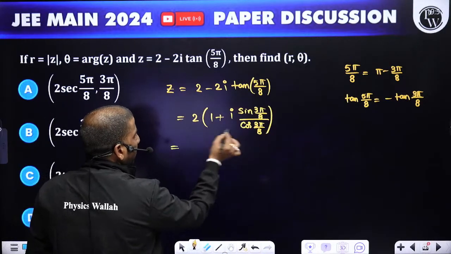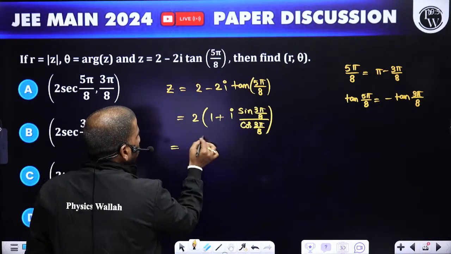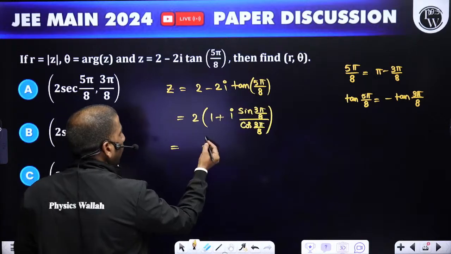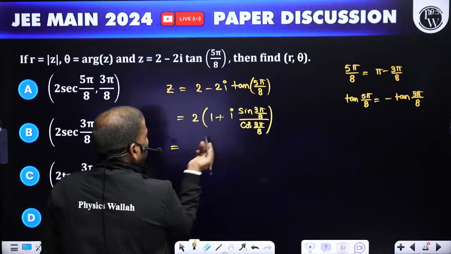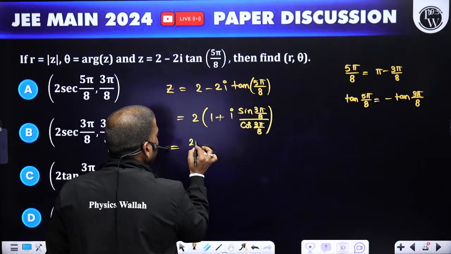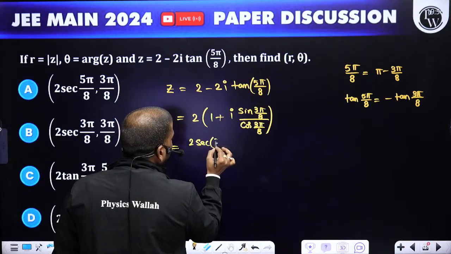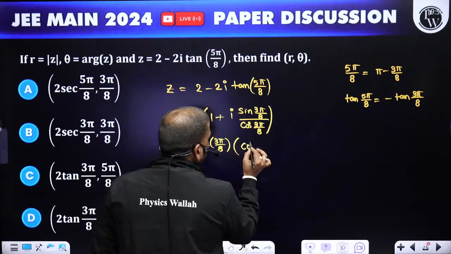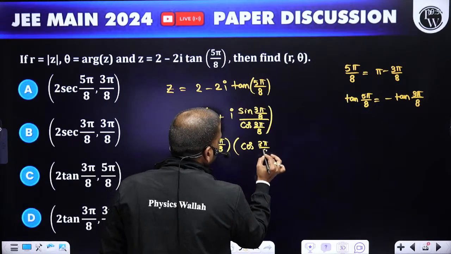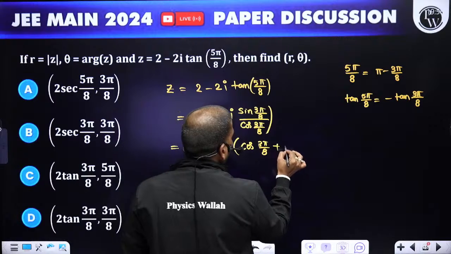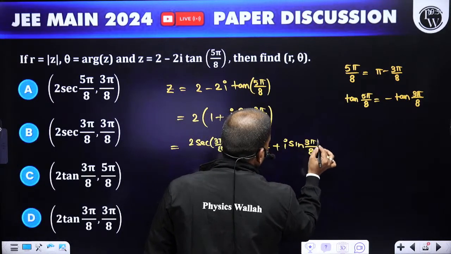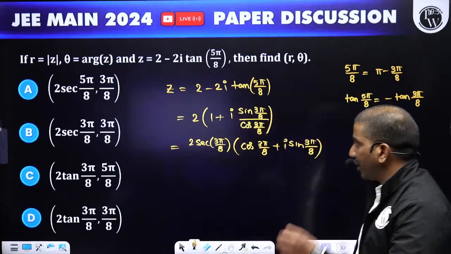So I can write cos 3 pi by 8 common, or otherwise you multiply by cos 3 pi by 8. So that means 2 secant 3 pi by 8 times cos 3 pi by 8 plus i sin 3 pi by 8. Right? Multiply and divide by cos 3 pi by 8.